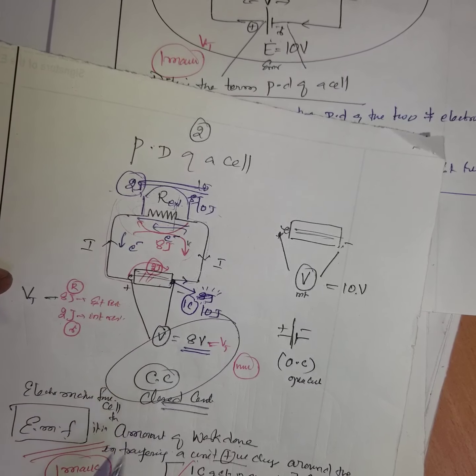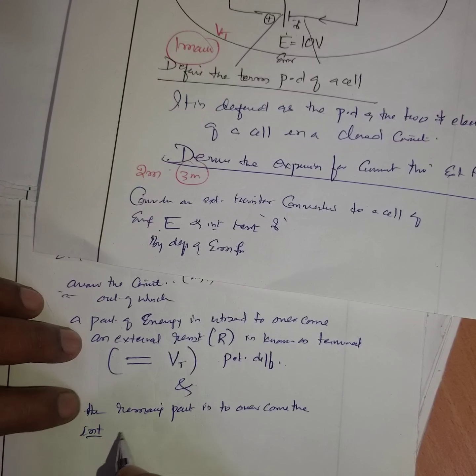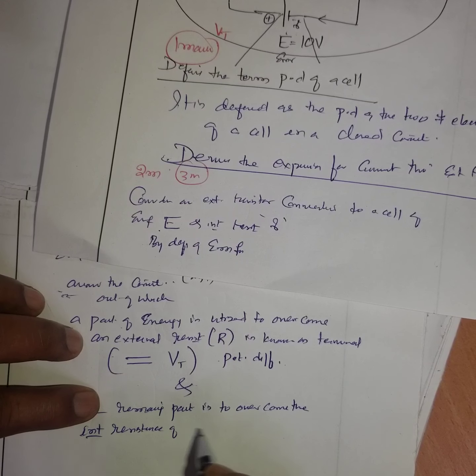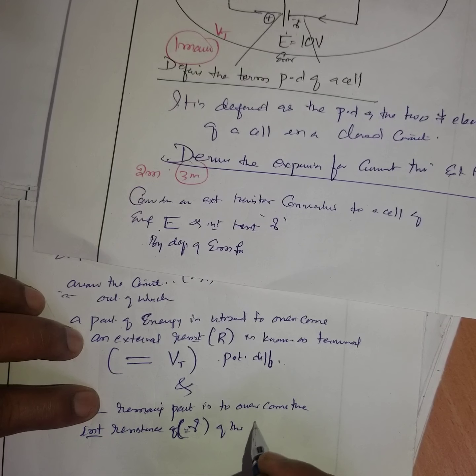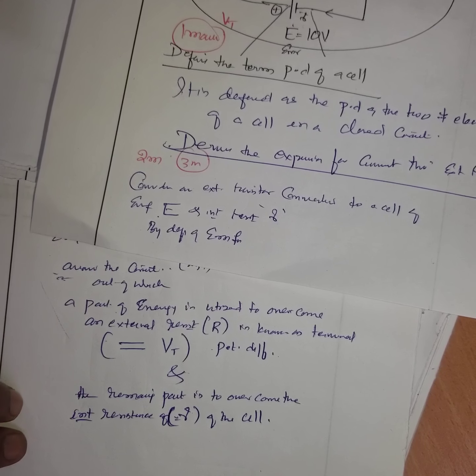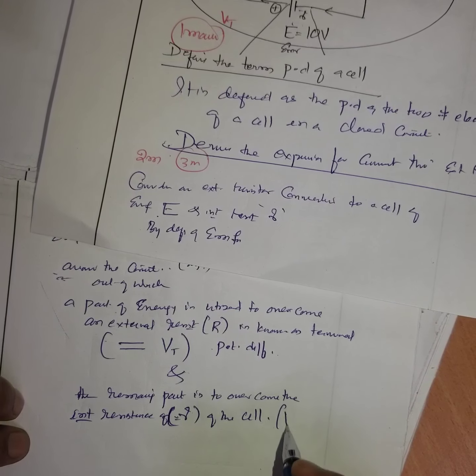The remaining part is to overcome the internal resistance of the cell, right? That is bracket V dash, according to what?